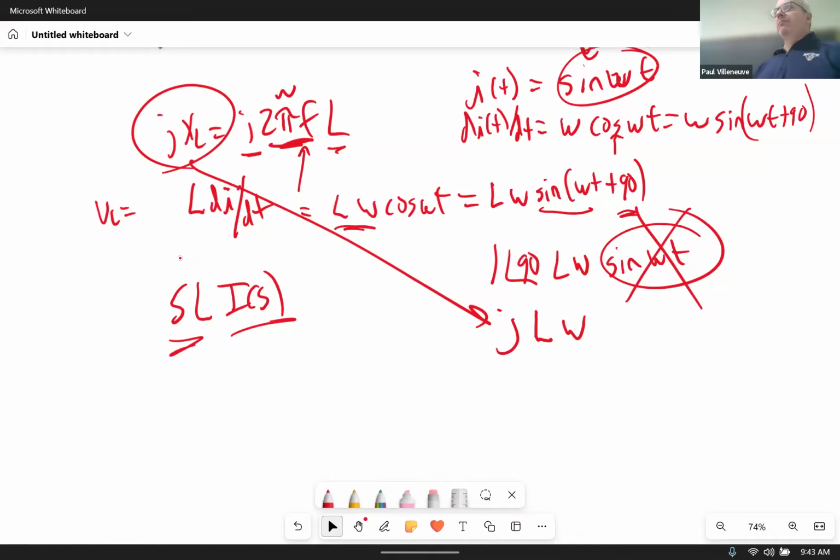Did they not show you where the j omega L comes from, or the j omega C, negative j? Did they do the derivation to show you where that comes from, or did they just wave their hands? Because at Eastern Maine, I'm a little surprised, because their circuit analysis is not calculus based.